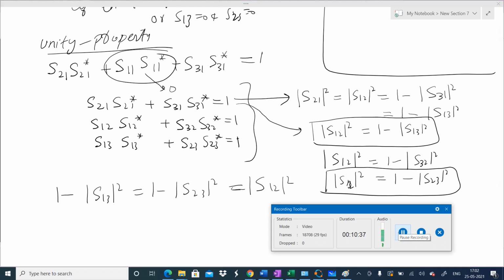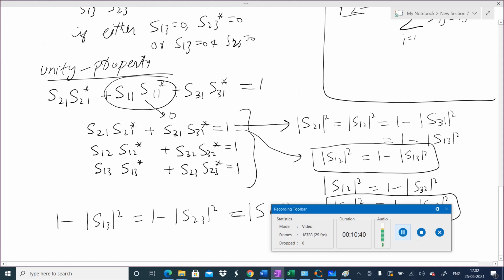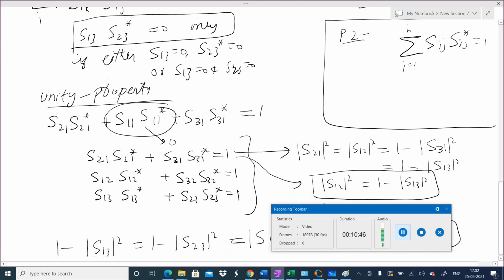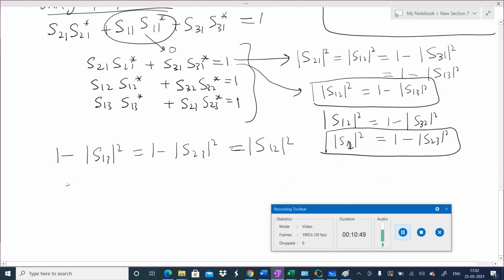Now there is a contradiction. Where is the contradiction? We got one condition that S13 times S23 conjugate should be 0. So either S13 should be 0, but if S13 is 0, there is a contradiction. If you put S13 as 0, you will get 1 equal to 1 minus |S23|², which then means that S23 is 0.